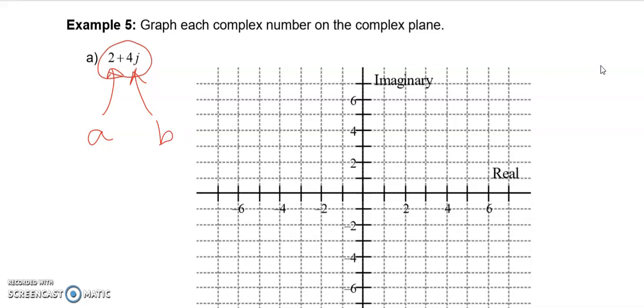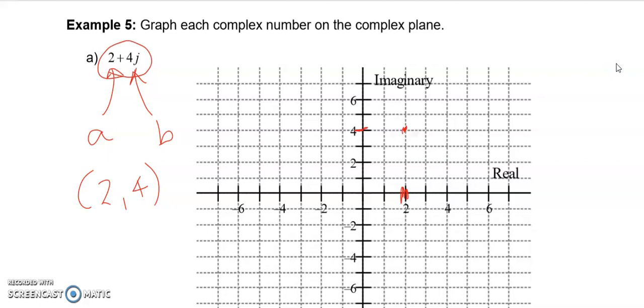We go along 2 on the real axis, basically the same thing as if you were plotting the point (2, 4). 2 on the real axis, 4 on the imaginary axis, and that's up to there. So basically we have a point right there. That's where the point would be located.